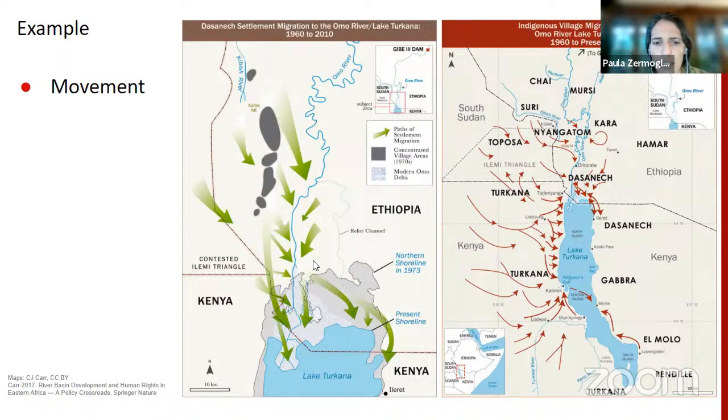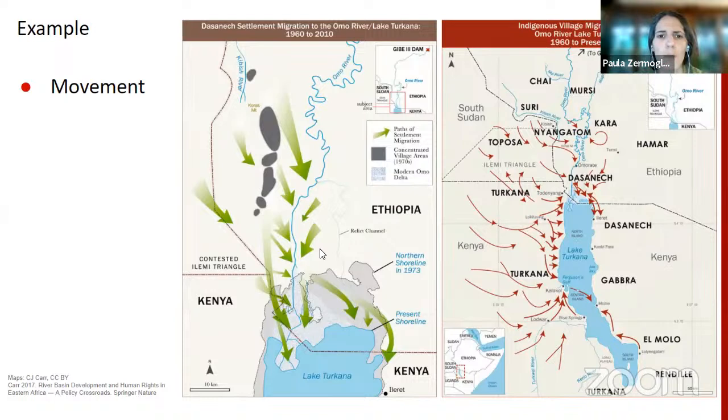Here is the Omo River, and they used to move to the lake and from the lake at different times of the year. Now, in this river, they built a dam, and that building of the dam has changed the shape of the lake. You can see here that there have been some sedimentary processes that have changed the land that is now available for those people to move onto.